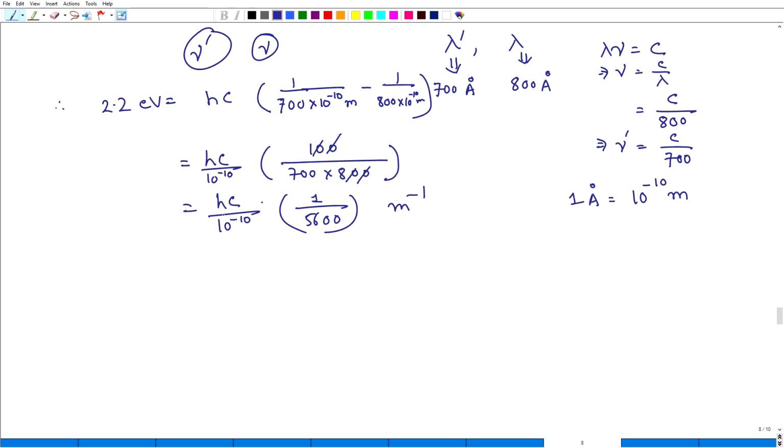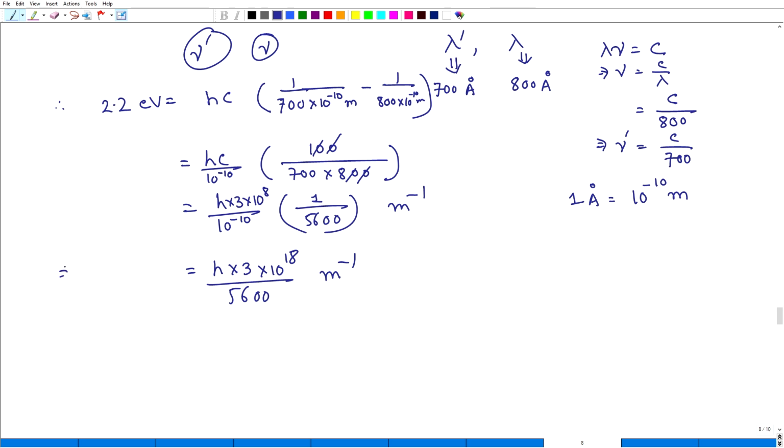Now c is 3 into 10 to the power 8. So 10 to the power 8, 10 to the power minus 10. Let me calculate: 3 into 10 to the power 18 divided by 5600 meter inverse.